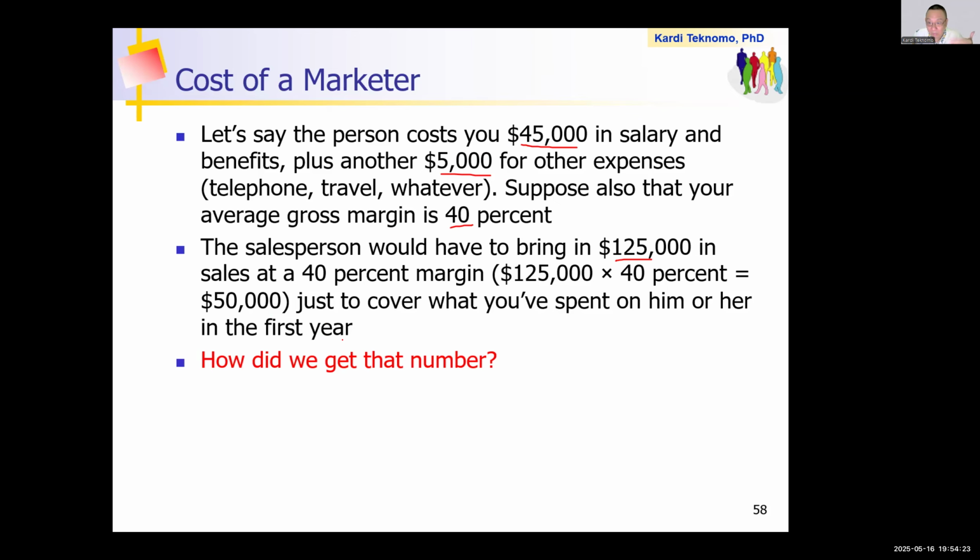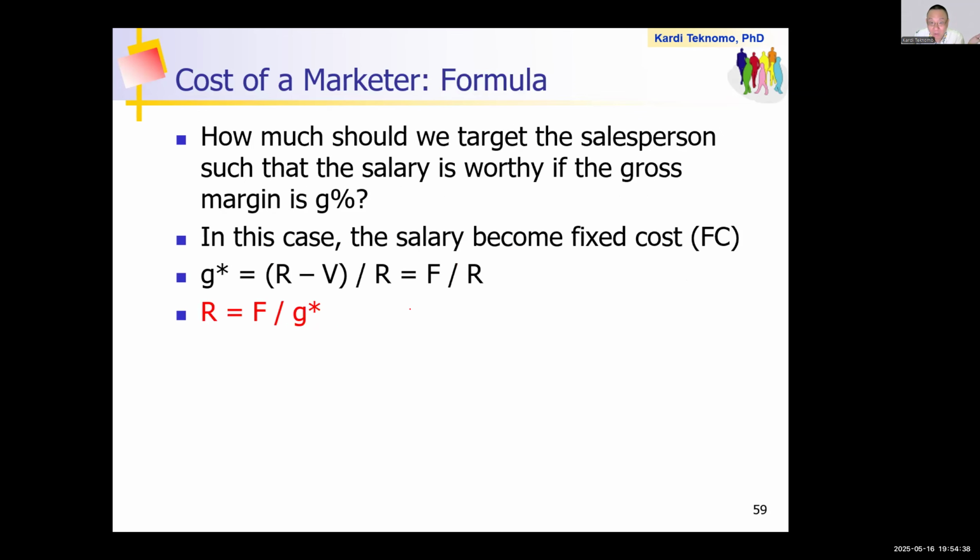So to cover their expenses, they need to bring in much higher. Then the question, how to get this number, this 125? From that formula a while ago. How much should we target the salesperson so that the salary is worthy, if you know the gross margin?